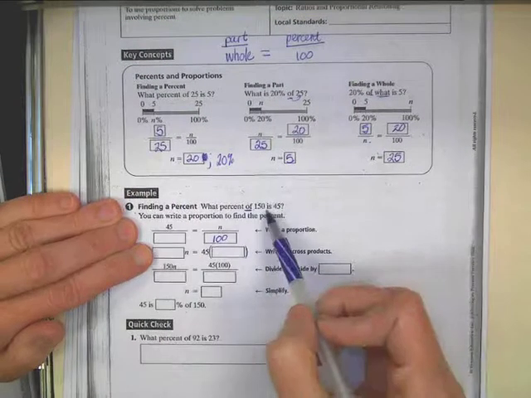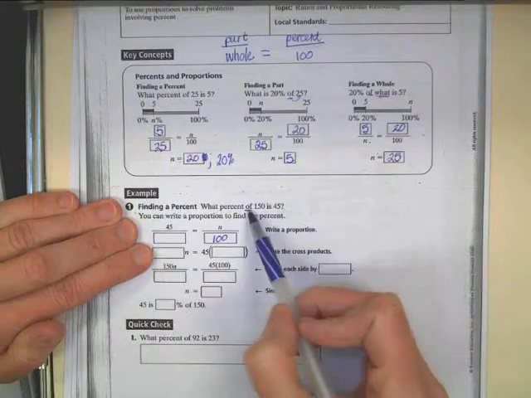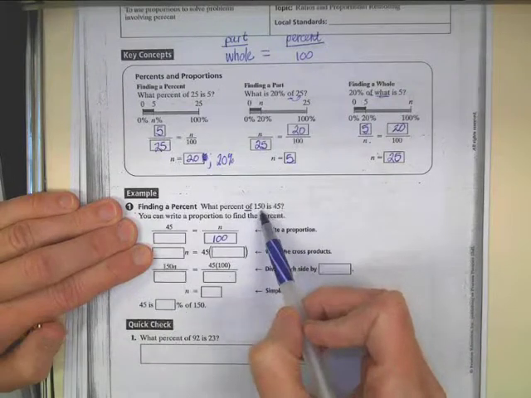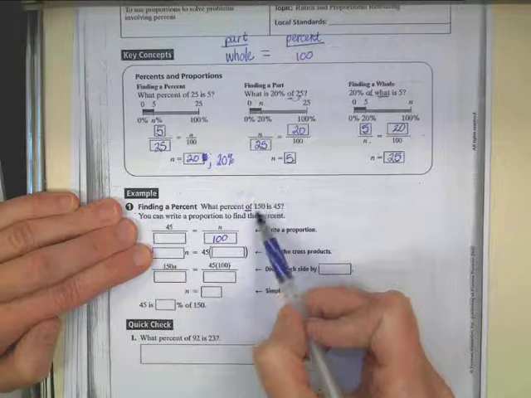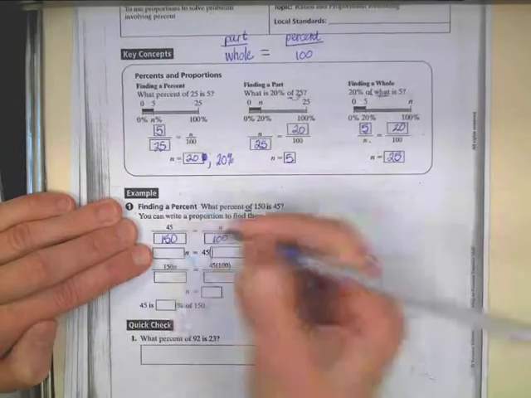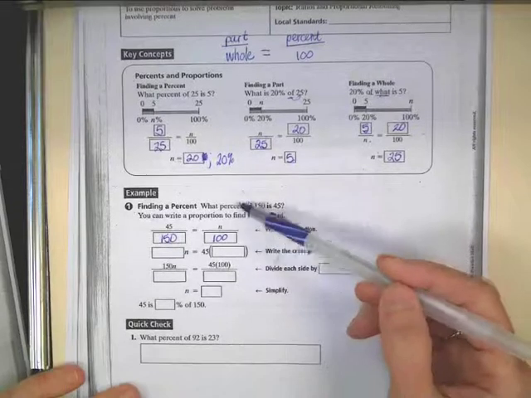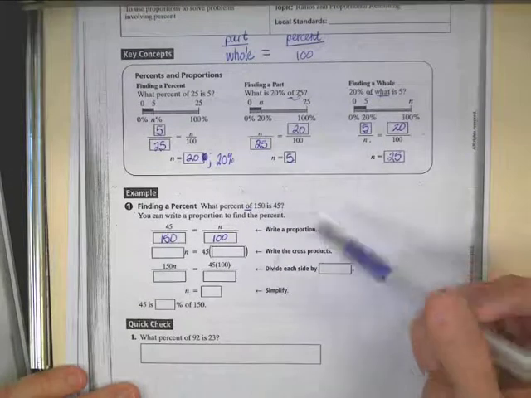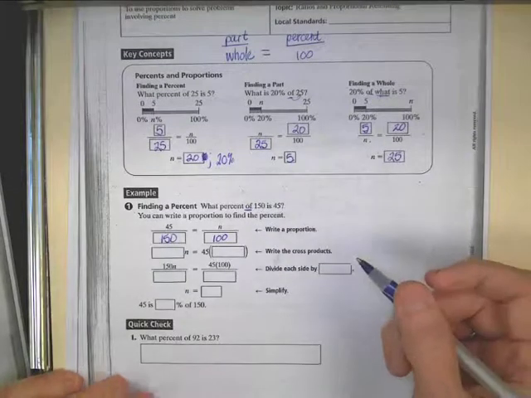Of precedes, comes before, the description of the whole. In this case, it's 150. So 45 over 150 equals n over 100.